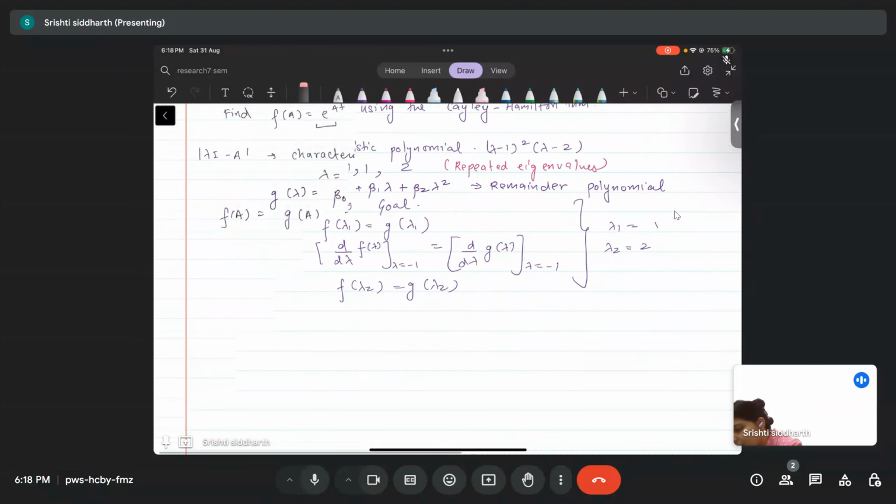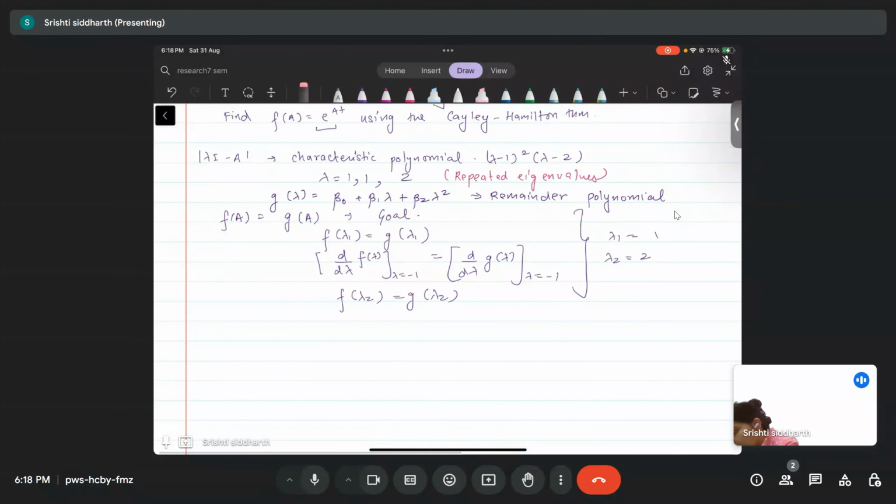Okay, so let's conclude these. e to the power lambda 1 t is e to the power minus t. This is going to be beta 0 minus beta 1 plus beta 2. Similarly, you differentiate the function f of lambda equals e to the power lambda t and evaluate it at -1. So minus t e to the power minus t, because you are differentiating f with respect to lambda.